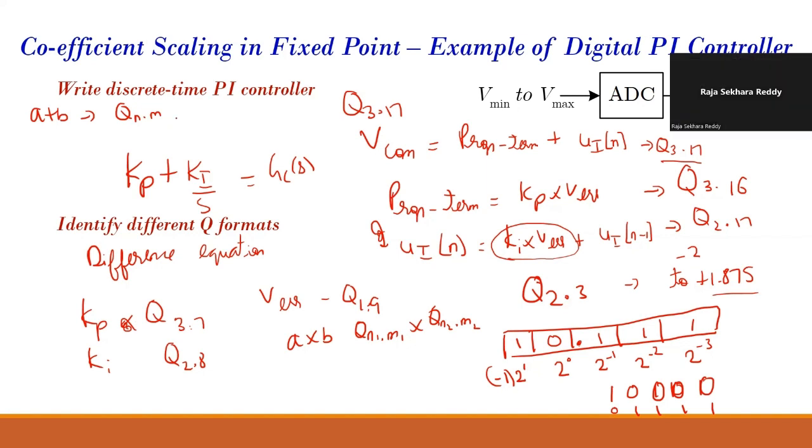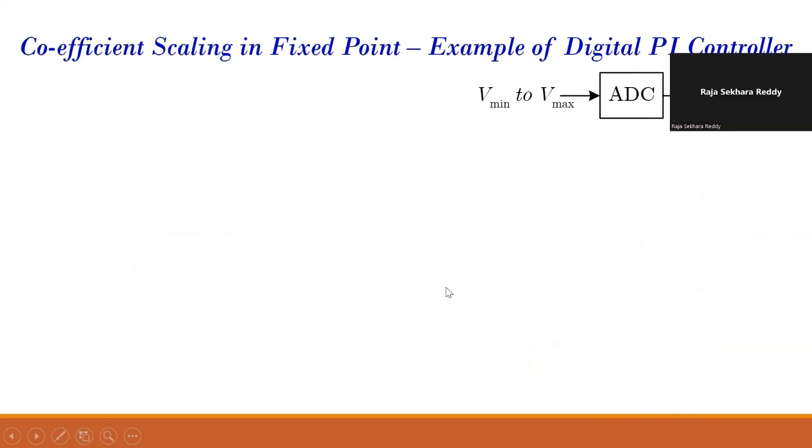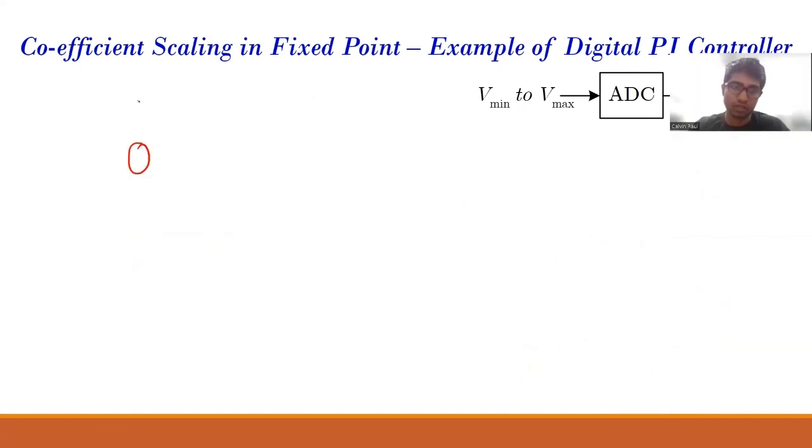Sir, then what about if two Q formats are added, you take the greatest value of n and m? That was for multiplication, I'll try again. One minute. I have A as Qn1.m1 and B as Qn2.m2.